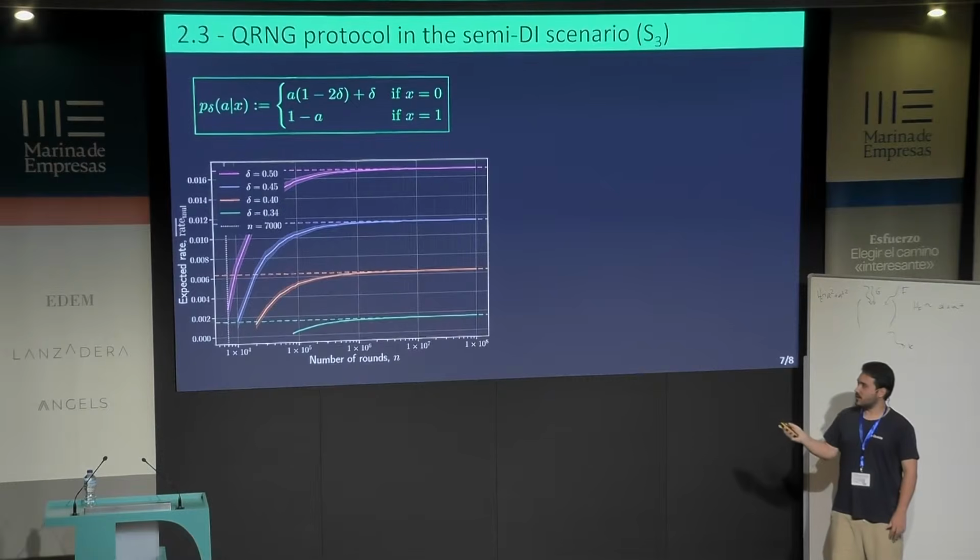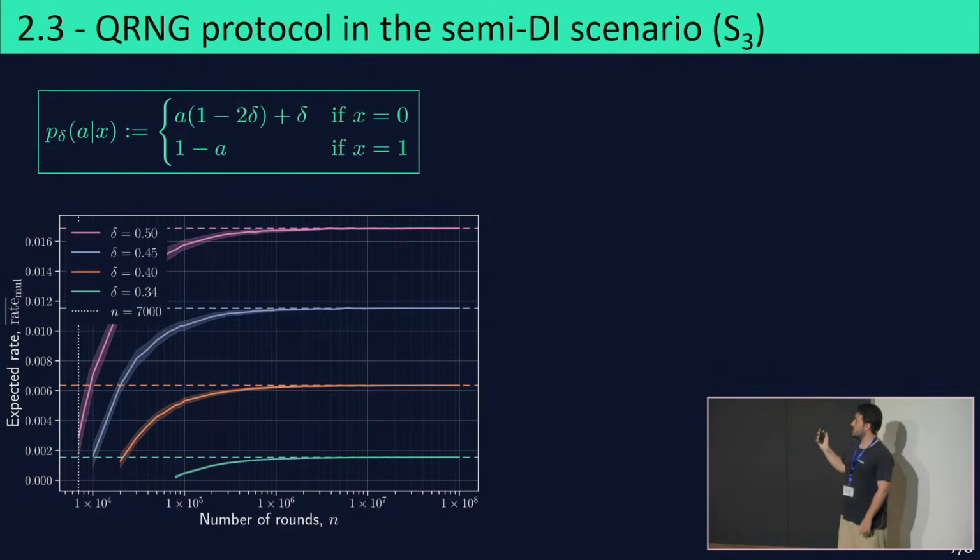And these are the numerical results that we obtain, where the relevant part is that we estimate the amount of bits, or the rate of extraction, that we can get for protocols of varying number of rounds. And the important result is that we can get positive randomness extraction, in the best case, for a protocol of only 7,000 rounds, which is a somewhat remarkable result.